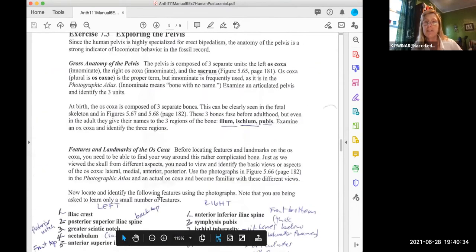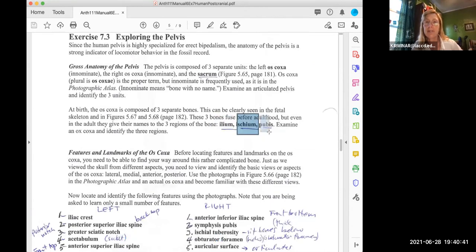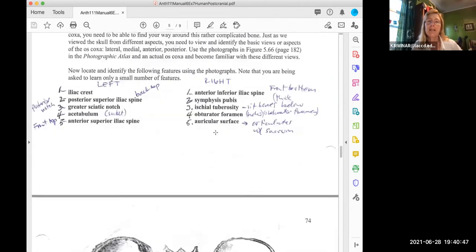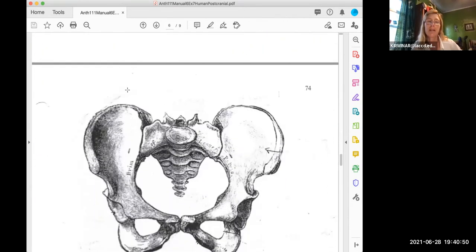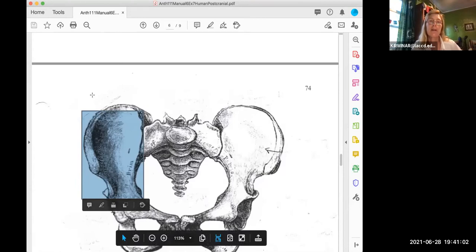And those 3 different sections are the ilium, the ischium, and the pubis. So the ilium is I-L-I-U-M, and the ilium is the top part of the os coxa that looks like a cresting wave. So it's a big curve. So if you look at your screen, the top of the os coxa down to the edge of the acetabulum is called the ilium.